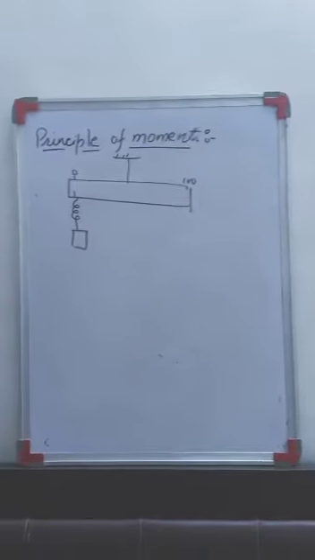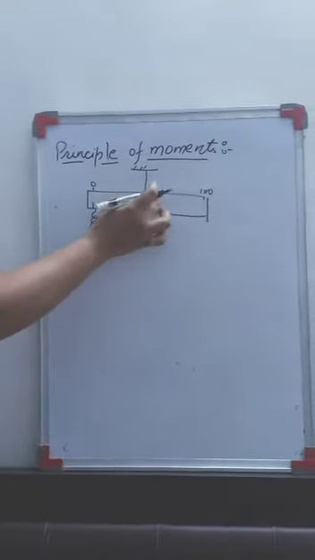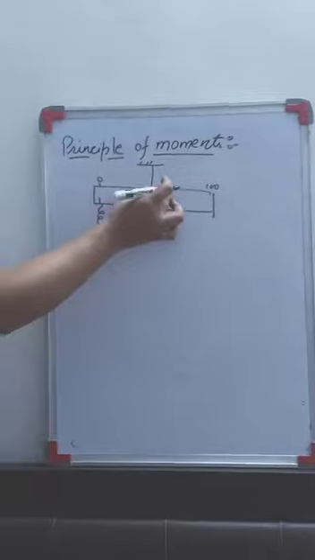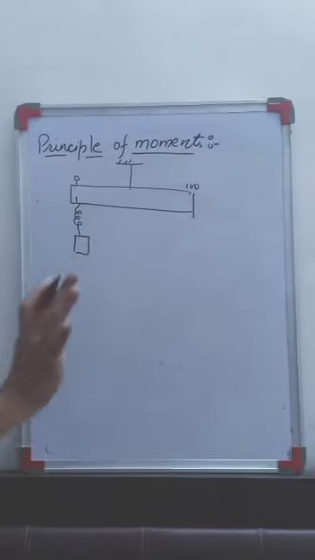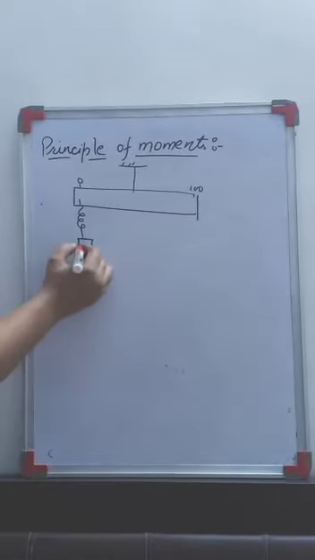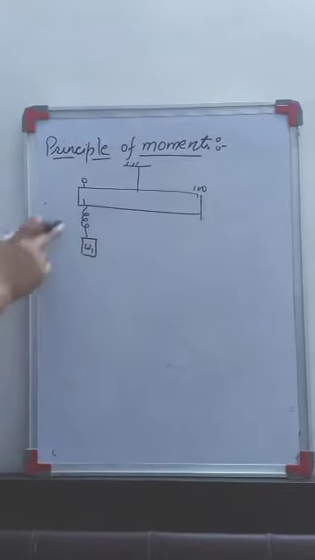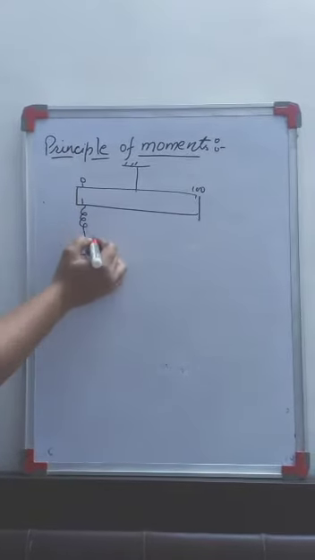In which direction will the scale rotate? As the weight of the body is acting at the center, initially it was in the horizontal position, in equilibrium, but now as this weight is acting downward at this point, then what will happen?